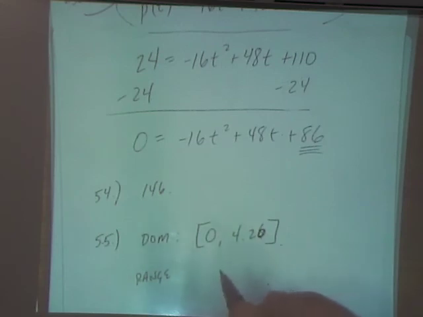Is it 0? Or is it 24 to 146? That's what we got on 53. When you do it, you get 1.26, which hits the top of a 24-foot high bridge guard.